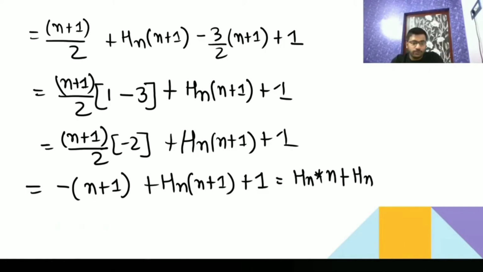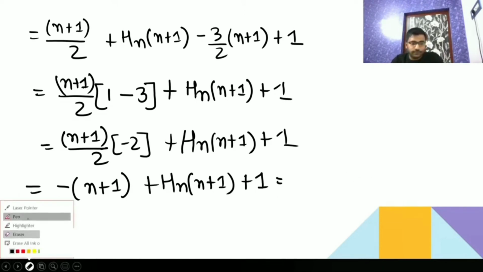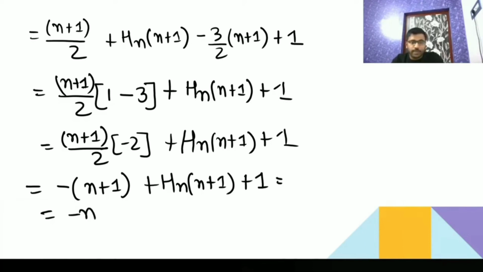So what you can do, minus n minus 1 plus Hn plus 1, that you can cancel.